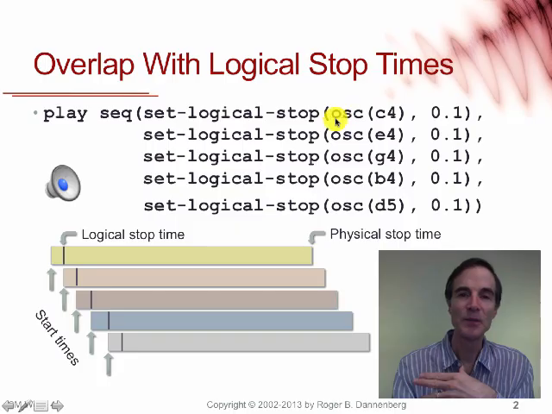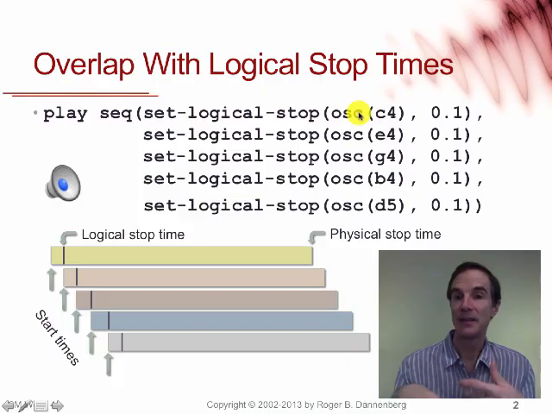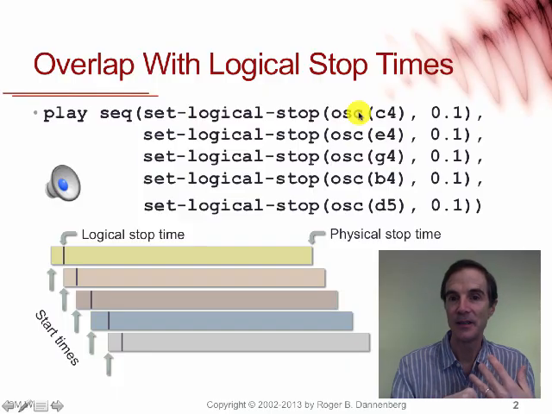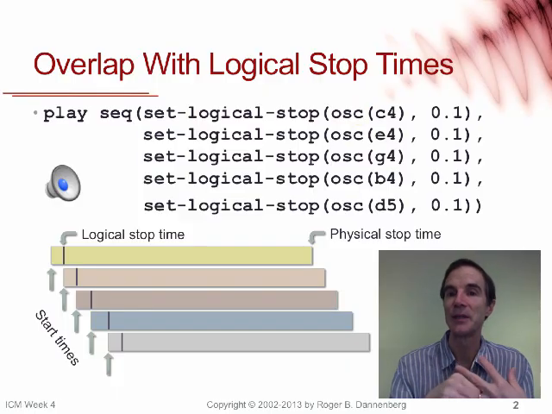So here's what happens. We do what seek does, which is evaluate the first behavior at the current start time of the environment. So that would be this time over here. And when that sound comes back, the resulting sound, if you remember, has not only a stop time, but a logical stop time.